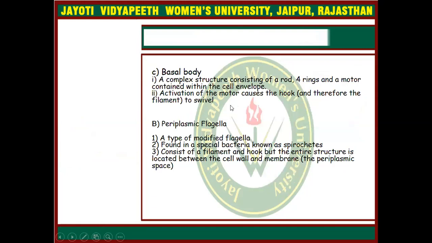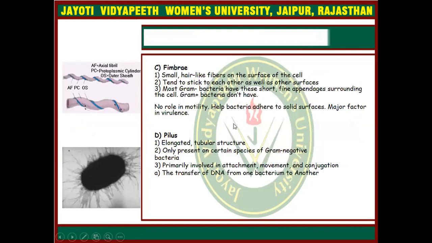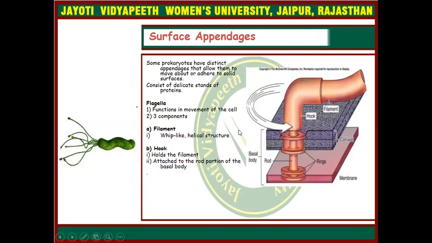Activation of this motor causes the hook to swivel. If activation of the motor starts, the hook will swivel, and after the swiveling of the hook, the filament will also swivel. This is just like a pipe fitting, where a plumber fits a pipe.